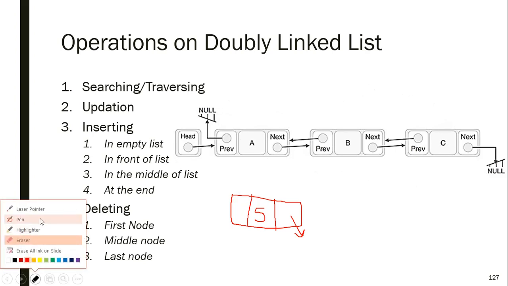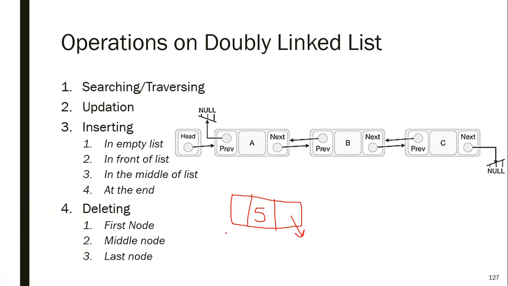So what will be the algorithm, or what will be the steps? You will create a node and assign the value, and what will be next? Head is pointing toward this first one. So this new node dot next will be head. So in fact this will be pointing to, sorry, I'm mistaken here.